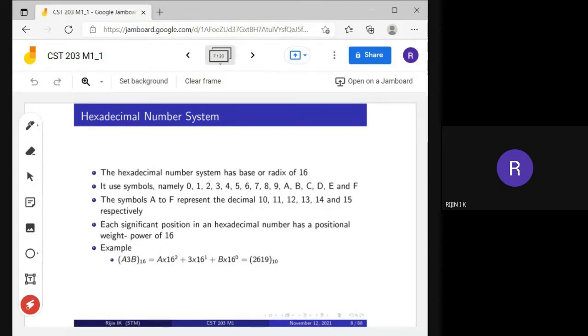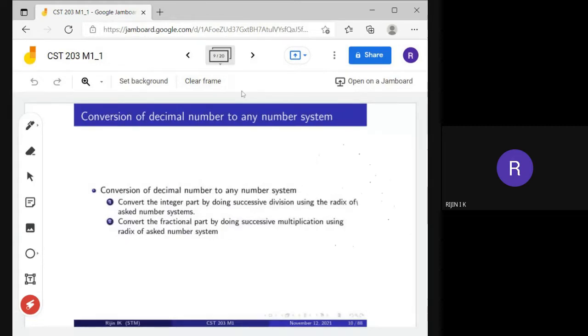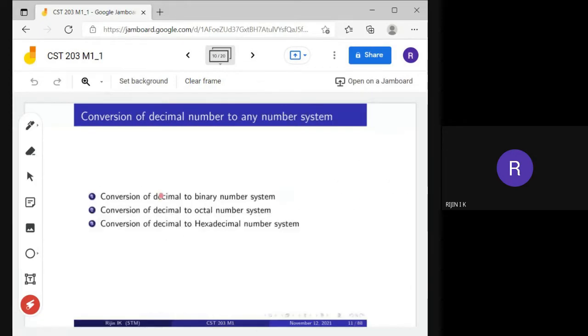First, we can convert the decimal number system to any other number system. That means we have to convert a decimal number into binary, octal, and also hexadecimal.